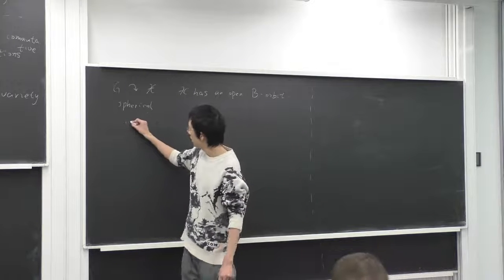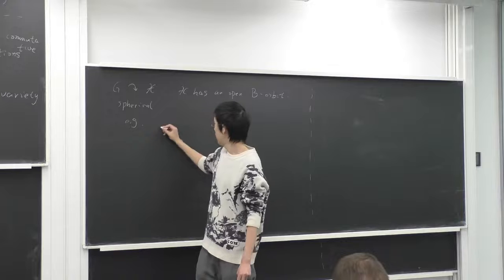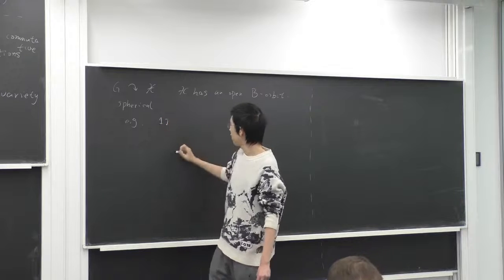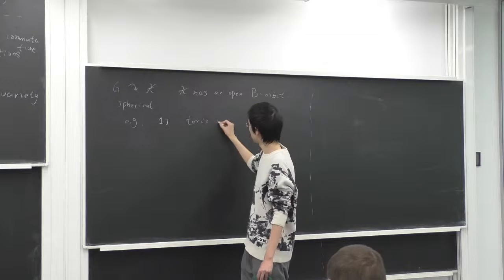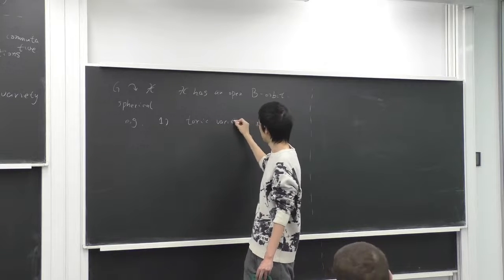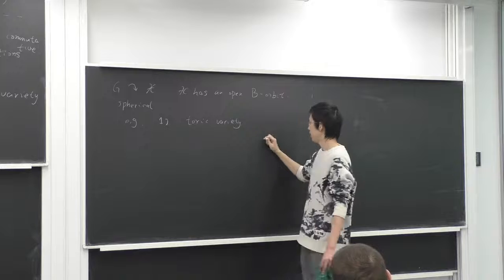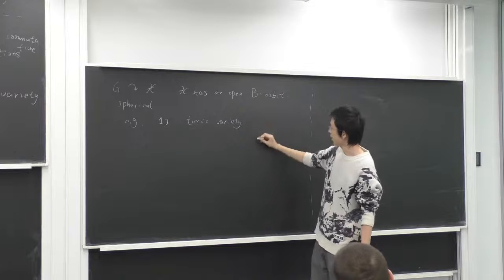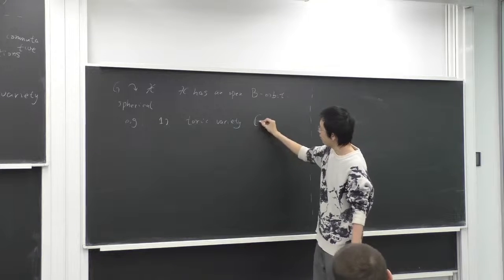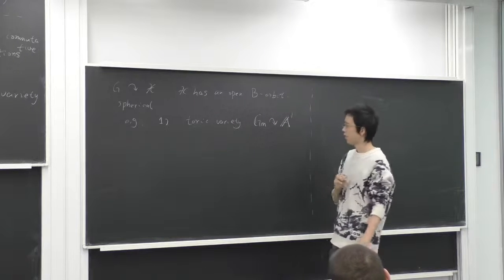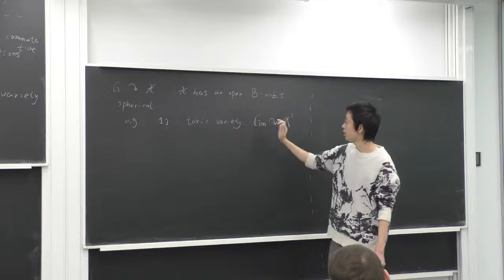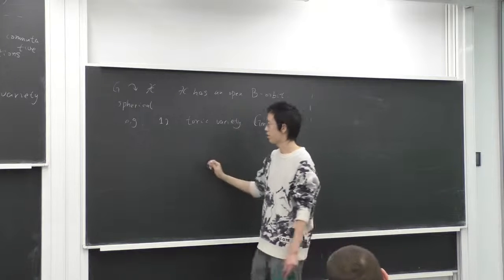There are some examples of spherical varieties. For example, first, as what we just said, any toric variety is spherical. For example, you can consider the action of Gm on A1. It gives rise to an example of a Gm-spherical variety.